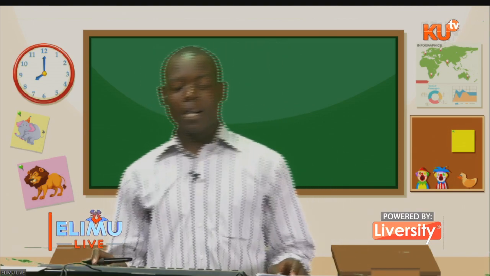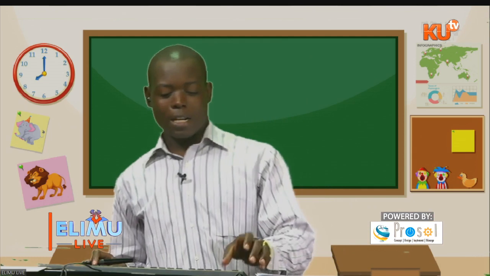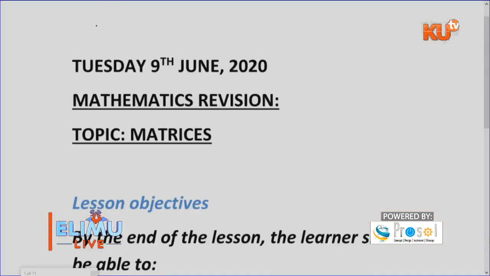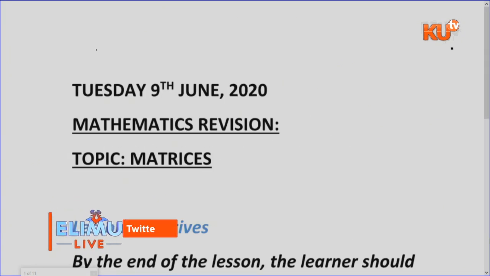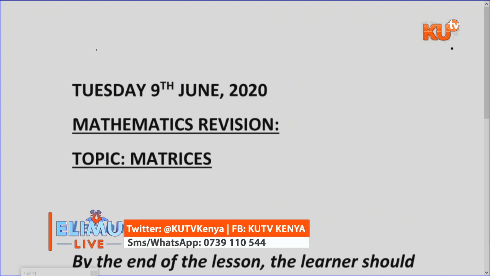Welcome. Now, we want to look at what the whole topic is about, and in summary, our today's lesson is going to cover four main areas. These are the objectives of our today's lesson. Number one, we will look at the determinant of a 2 by 2 matrix.